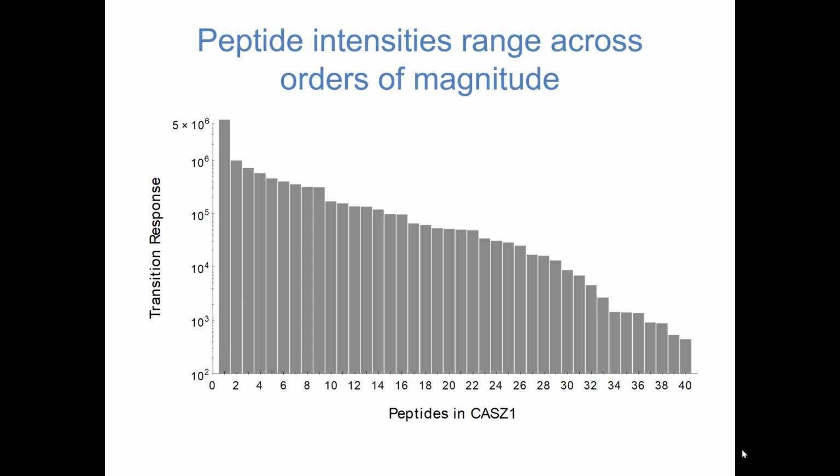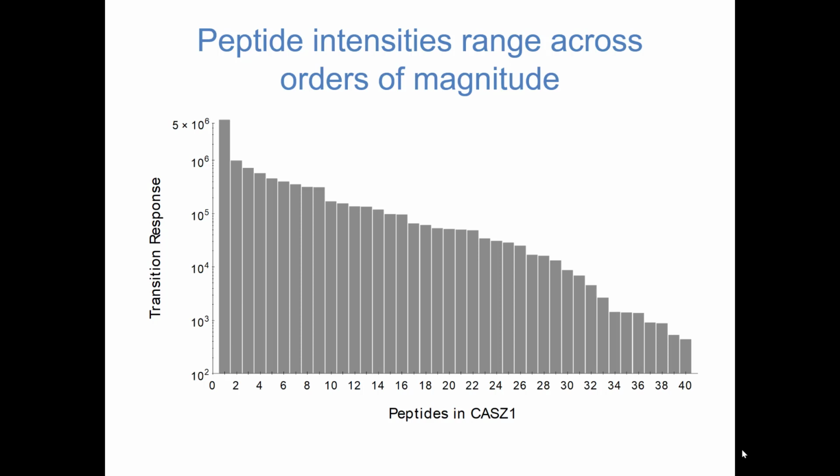There are a wide variety of reasons why there's this level of dynamic range. One of them is digestion. For the most part these were pretty heavily digested, but there can be lots of different types of digestion issues, not just miscleavage. You can actually get additional digestion at sites that you wouldn't necessarily expect.